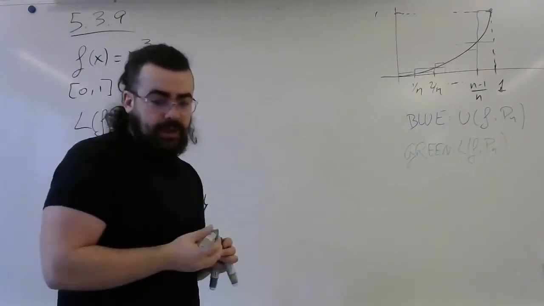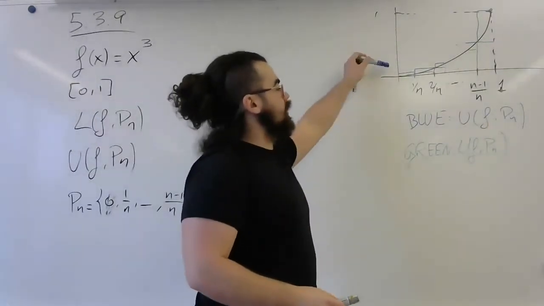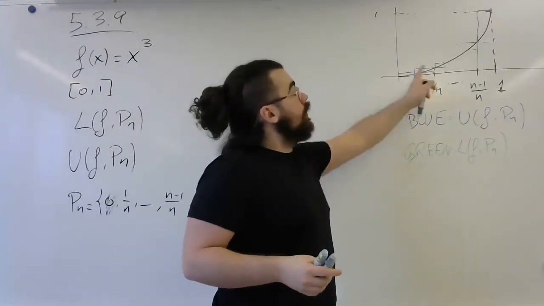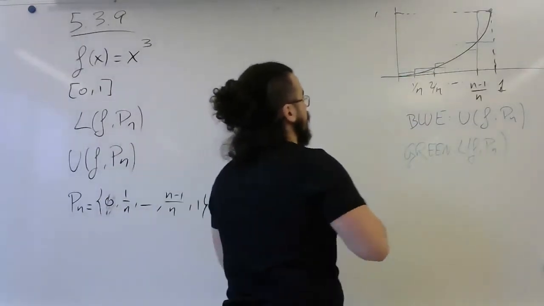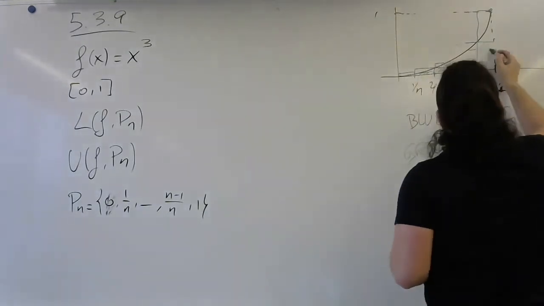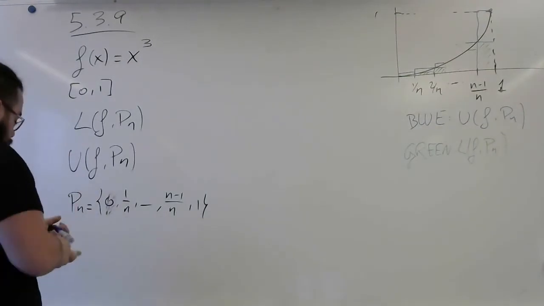Now, in blue, I hope you can see it, we have the upper sum, the upper rectangles, and in green we have the lower Riemann sum, the lower rectangles, right here. So we're going to be working with the upper sum first.